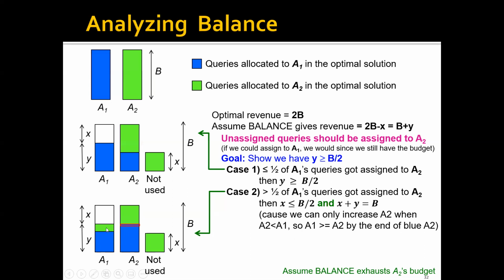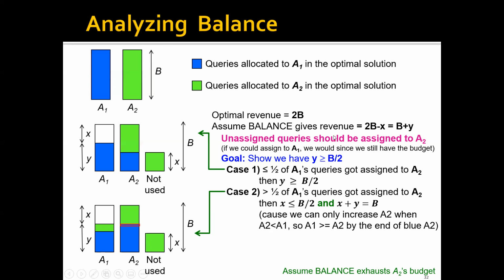And if this is the case, we already know that this Y is definitely going to be larger than half of B, or B over 2. So in this case, we can already know that this Y is larger than or equal to B over 2, which is our goal here.